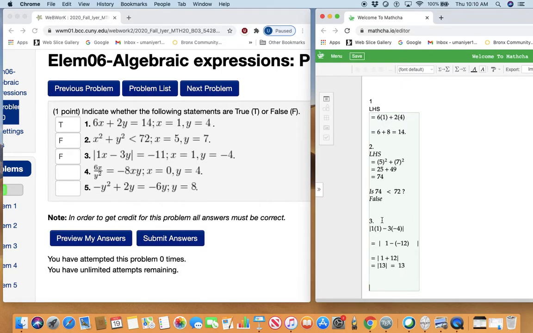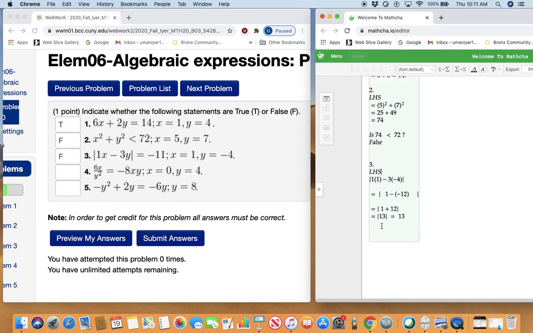So notice I'm only working on the left hand side because that's where all the variables are, in this case. But now let's work on problem 4. Notice you have variables on the left as well as on the right. So I have to calculate both left hand side and right hand side separately.